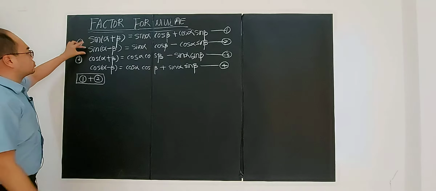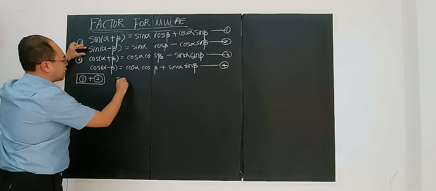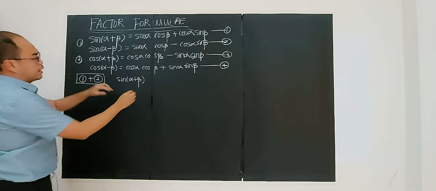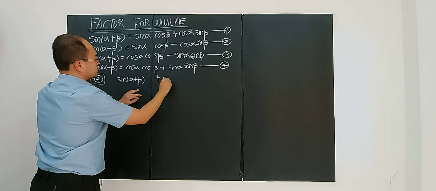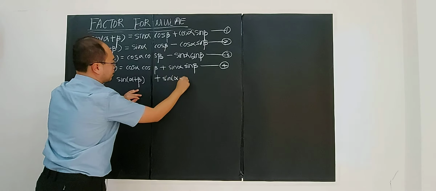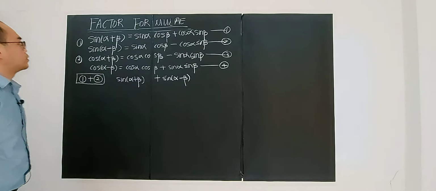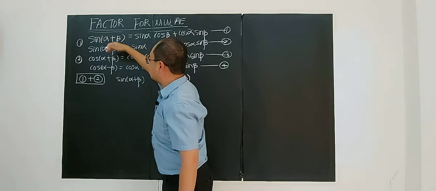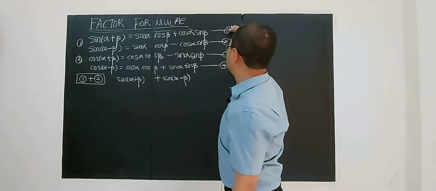If you add these two, it means that you take sine alpha plus beta, adding with sine alpha minus beta. Alright? So this means that you are adding equation 1 and equation 2.